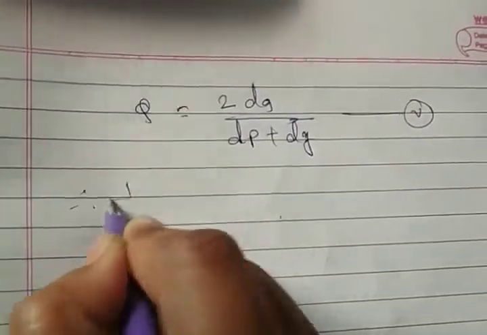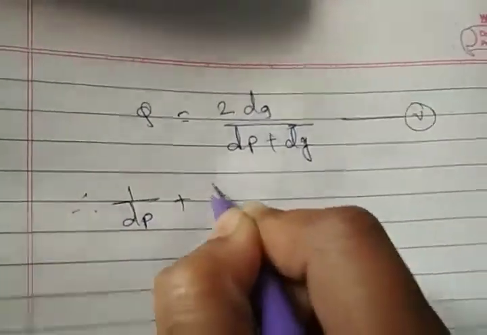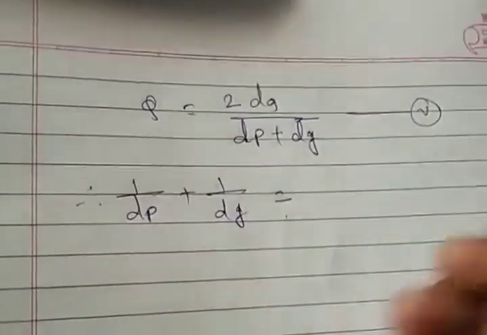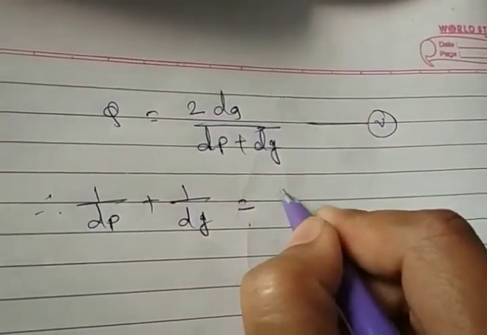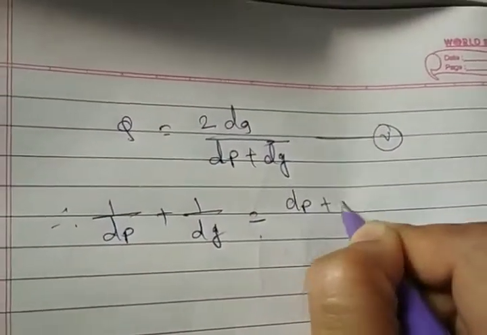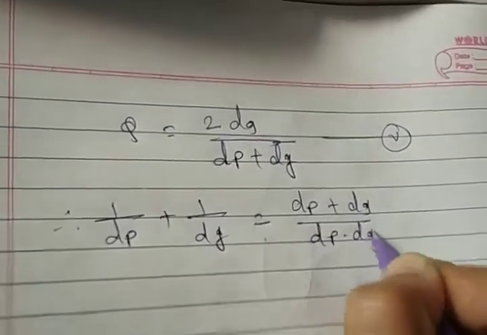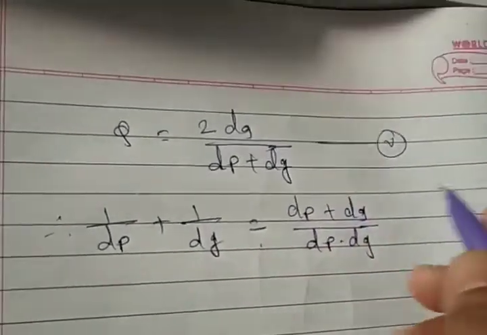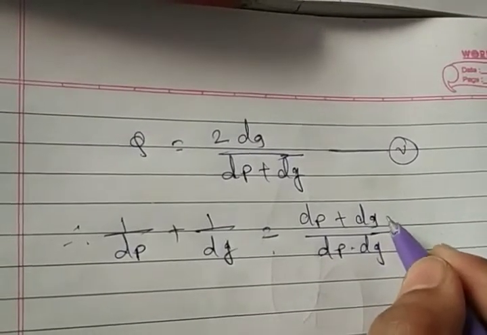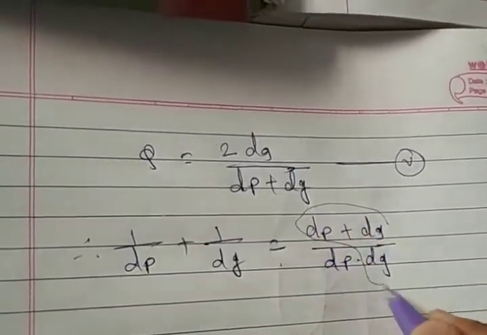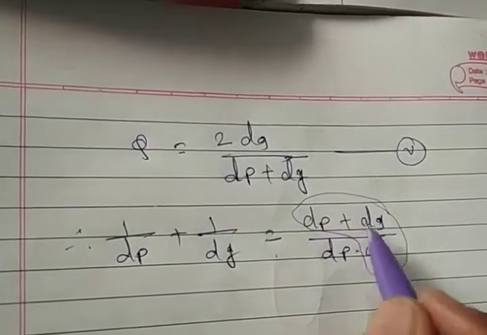So 1 upon dp plus 1 upon dg is equal to dp plus dg divided by dp into dg. We know that. Now just see this term carefully.